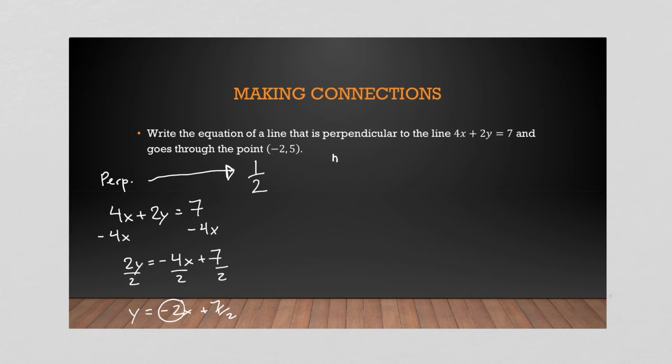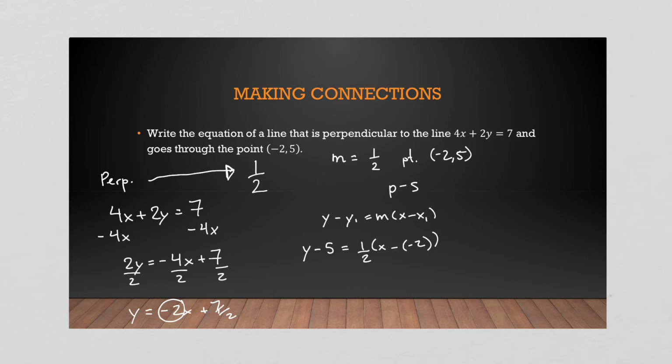So now I know my m in my new line is 1/2, and I go through the point -2 comma 5. So in this example, I'll use point slope. So y minus y1 equals m times x minus x1, and I'll plug in my x1, my y1, and my slope. So y minus 5 equals 1 over 2 times x minus -2. So y minus 5 equals 1/2 x plus 2.